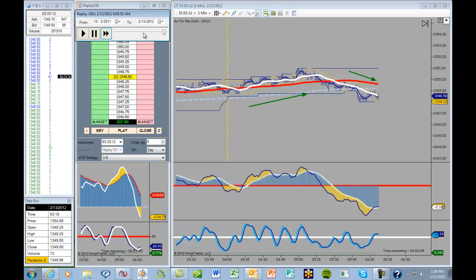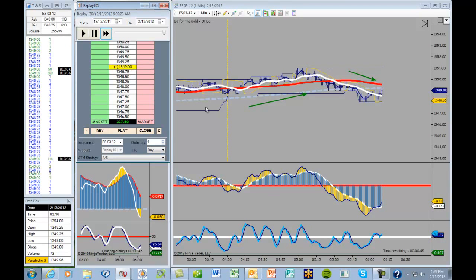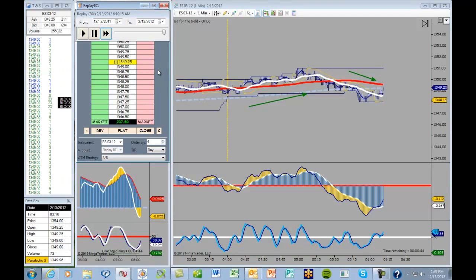Okay, now, if we break to the downside and flip that parabolic again and get our MACD looking bearish, we might go short yet again, but that isn't looking too likely right at the moment.